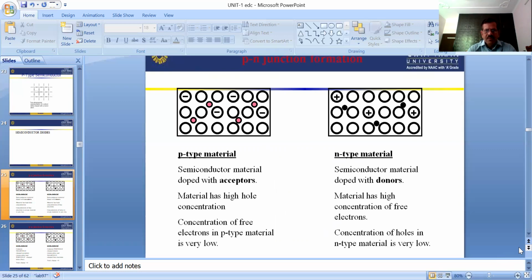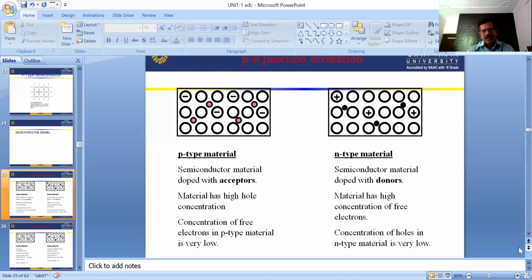Diode is a simple two-terminal device whose terminals are the anode and the cathode. Anode is the positive terminal and cathode is the negative terminal.